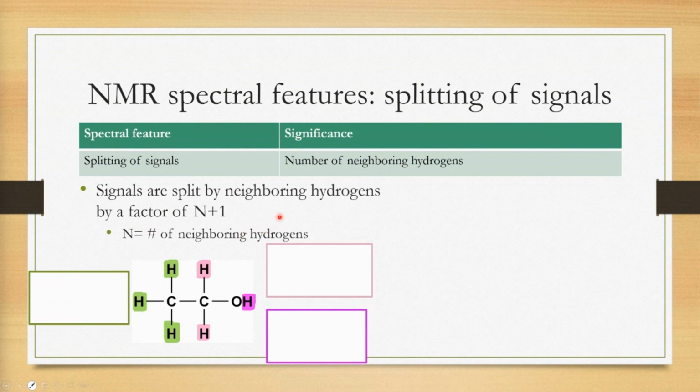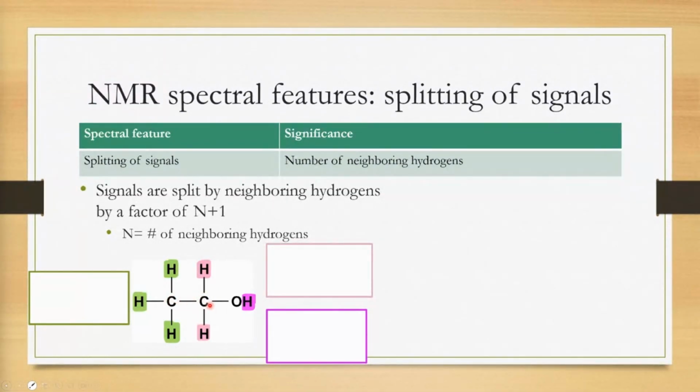Okay, let's go through this example to put some context to this. This is ethanol, which we looked at on the previous slide. Let's focus on these 3 green hydrogens here. The peak that these 3 hydrogens correspond to is split by the hydrogens on the adjacent atoms.